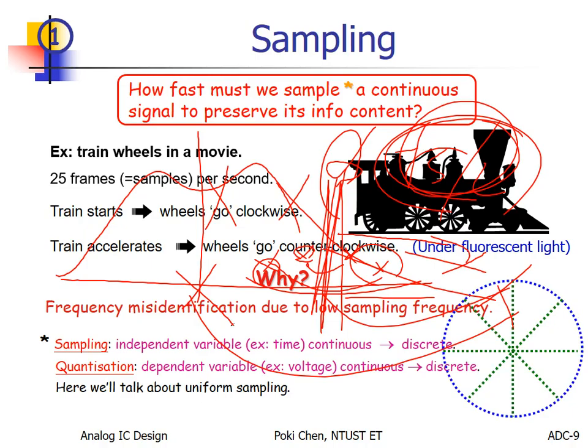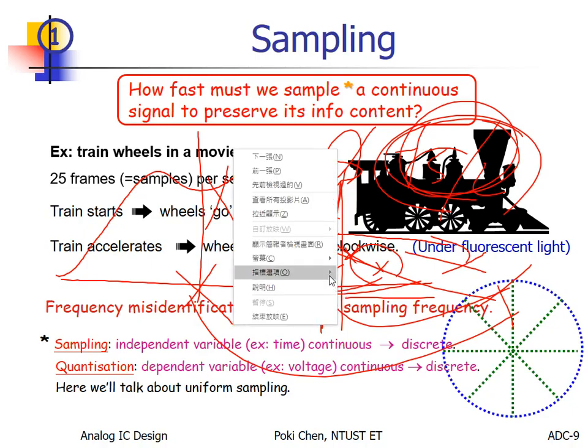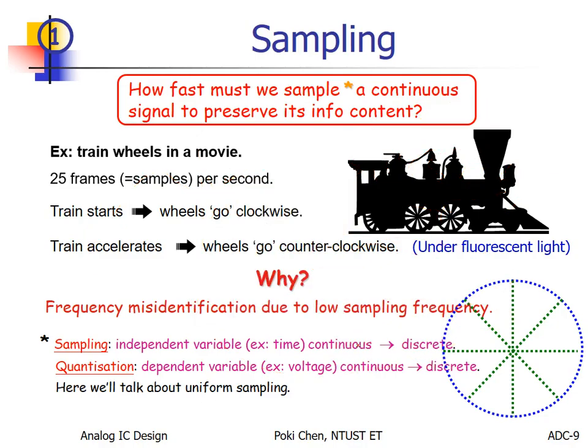Just like here, the first time you are here, and how about the next time? Because you rotate 1 cycle, you are still here, here, here, here. Exactly no movement. So that is DC, 0 hertz. Got it?